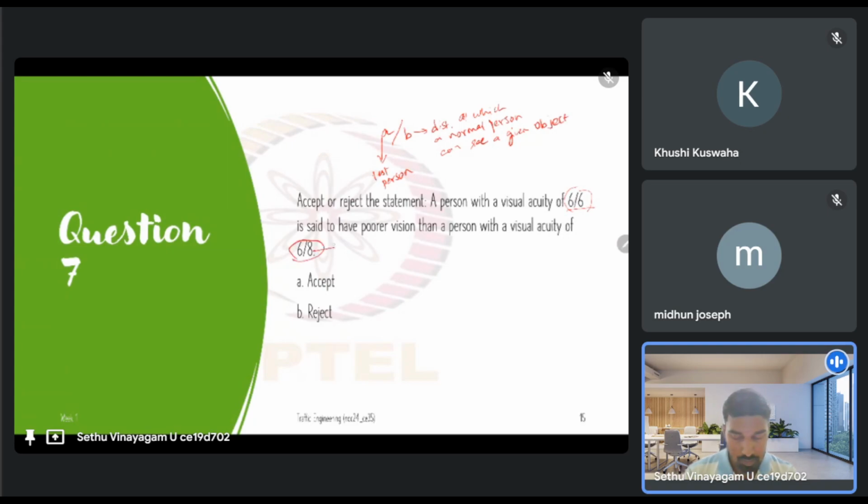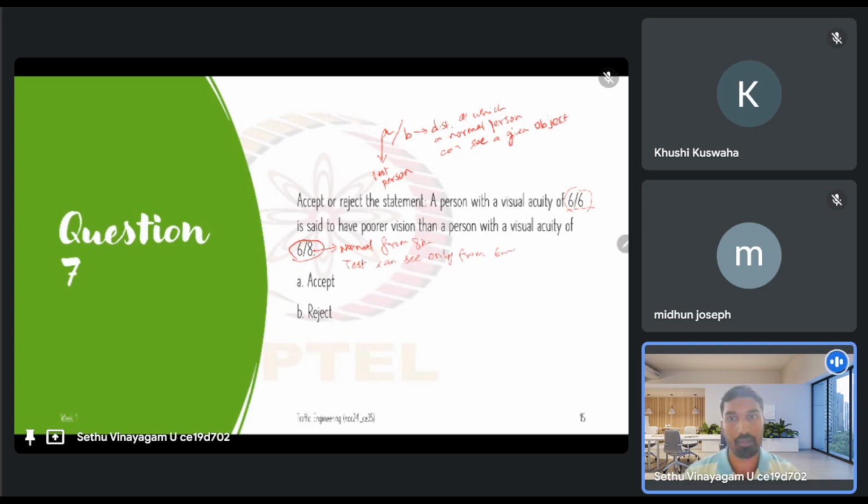A normal person is able to see from 8 meters, whereas the test person can see only from 6 meters, which means that the person being tested needs to move closer to the object in order to see it clearly.